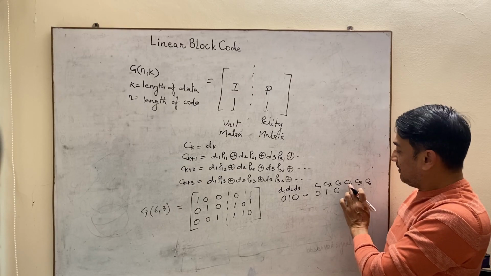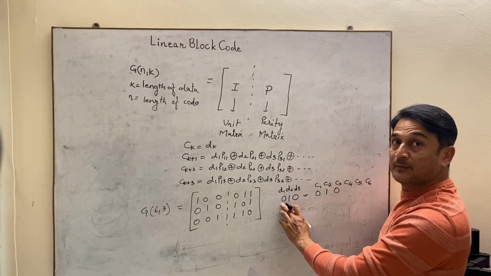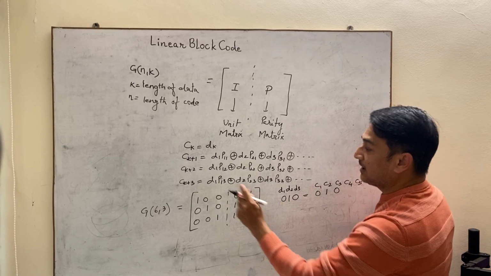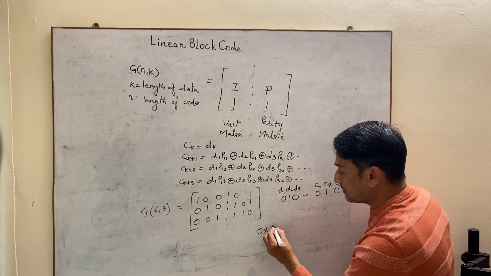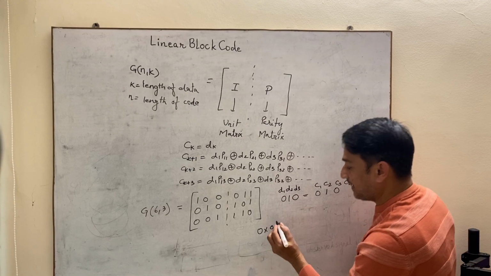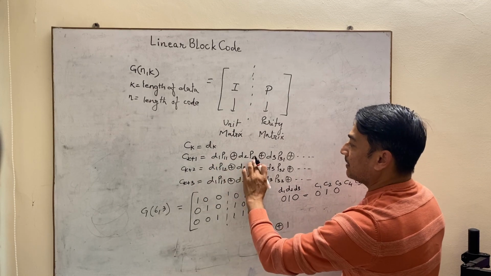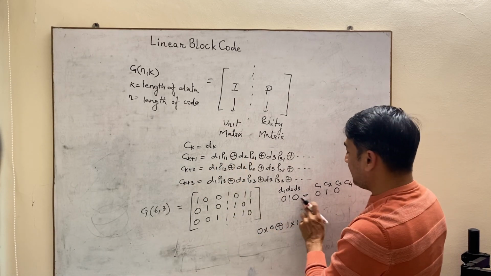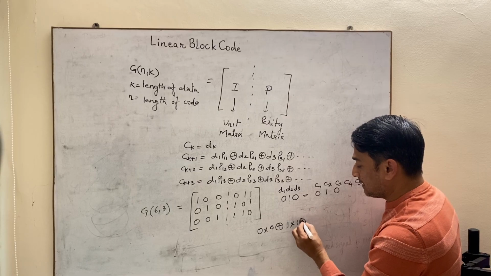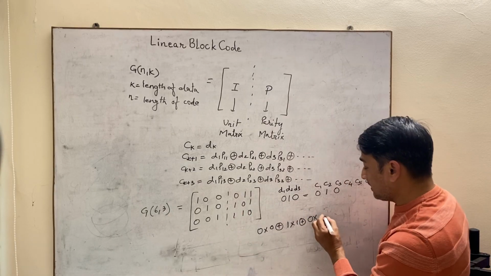For the calculation of C4, that is Ck plus 1, our D1 will be 0, P11 is 0, that means 0 into 0. Now you are XORing, then D2 is 1, P21 is also 1, 1 into 1, and then D3 is 0, and we are multiplying this with 1.